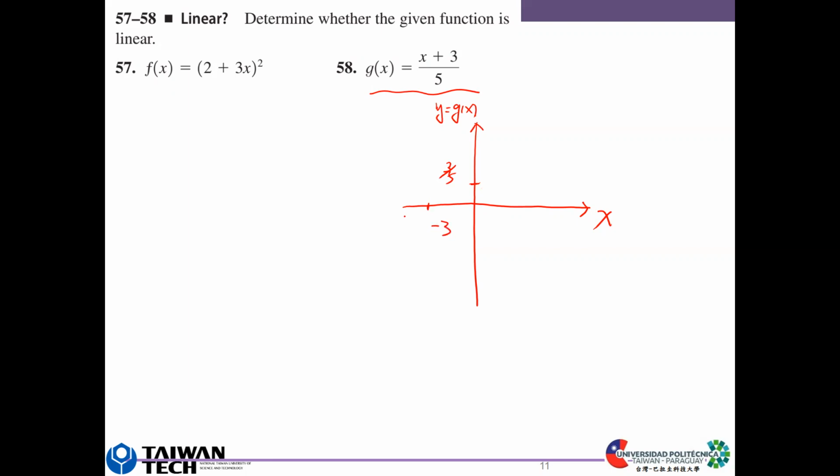So you're able to draw a line here. If it can be represented by y equals mx plus b, the general form of a line equation, then this is a linear function.